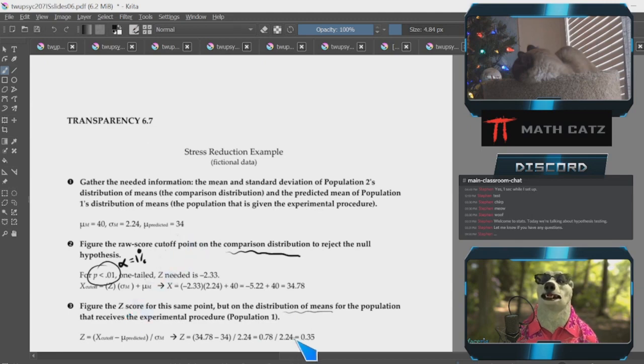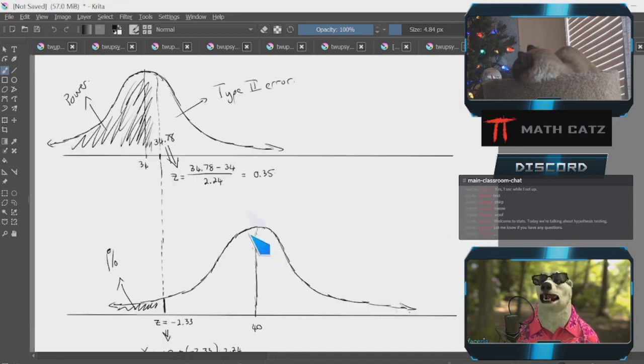We then get the z-score so that we can look up in our tables either one of these areas, honestly. In this case, the area is going to be simpler if I focus on the type 2 error. So I'm looking at a z-score of 0.35.